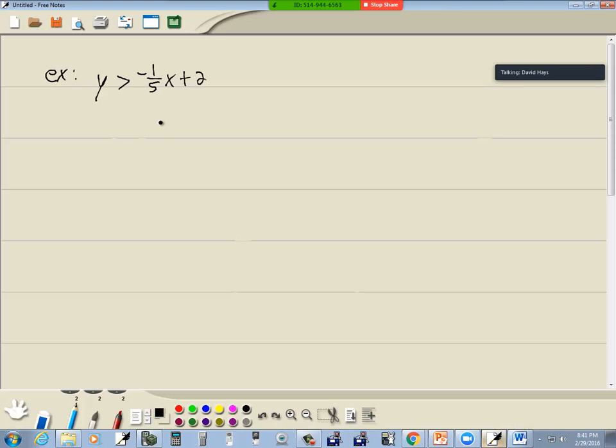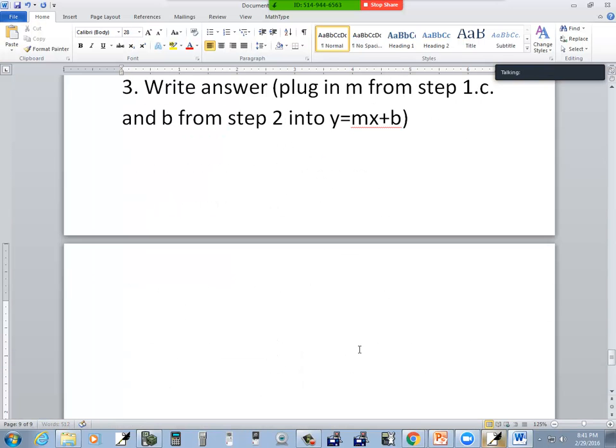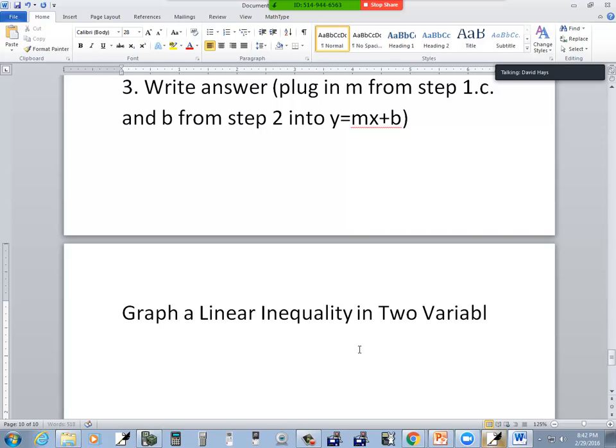An inequality in two variables means we have an x and a y, and we want to graph this. So, graphing a linear inequality in two variables.